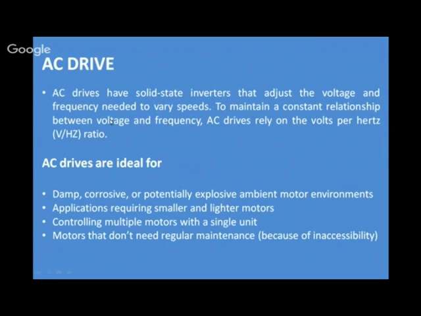Then we have AC drives. They can be used to control the speed of the drive system by varying the voltage by frequency ratio. To maintain a constant relationship between voltage and frequency, we have special circuits.